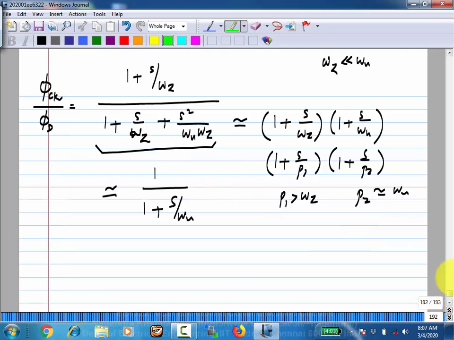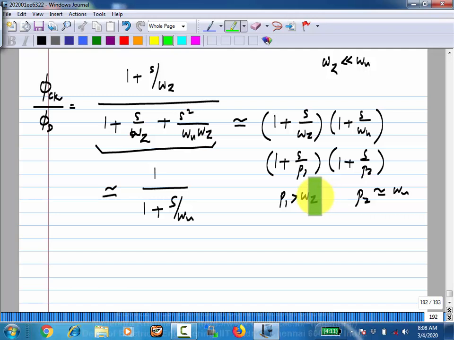I am saying we made this approximation that this polynomial has two roots at omega z and omega u. But what I am saying is this first pole here is not at omega z, but at some frequency greater than omega z. What will happen as a consequence of that? Yes, Ajay, what is it? Why? No, I am looking for qualitative changes in the plot that I drew. Yeah, of course it will change, but what?